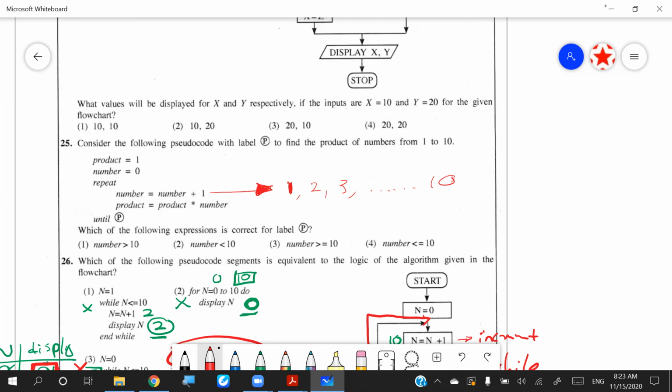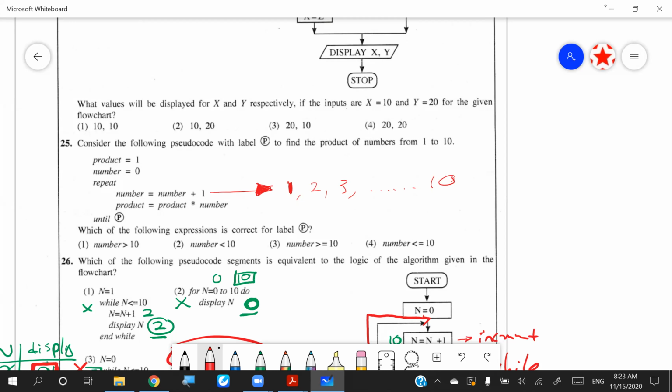The first one is number larger than 10. If you take number larger than 10, it is going to give you a false condition, because number is 0. If someone asks number larger than 10, we can say no, right? So it is a false one. So the first one can be an answer.